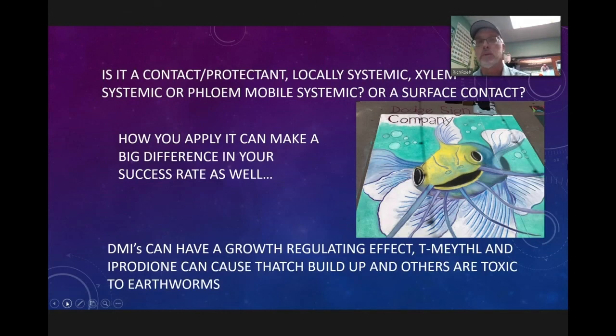Do they move a little bit in the leaf blade? Do they move from the crown up to the top, or from the top down to the bottom? The DMIs can have a growth regulating effect. If you're on a golf course, that's a good thing. But it's basically, where is that fungus active and when, as to what you're going to reach for to spray or spread on that turf grass.